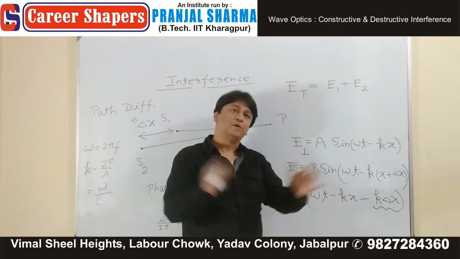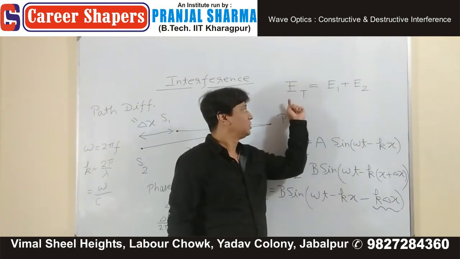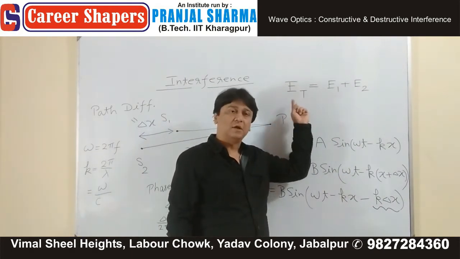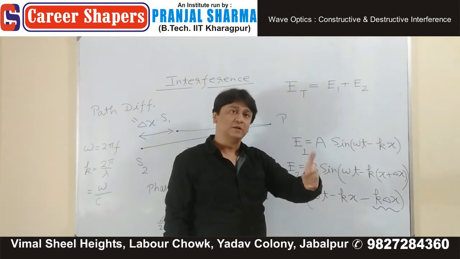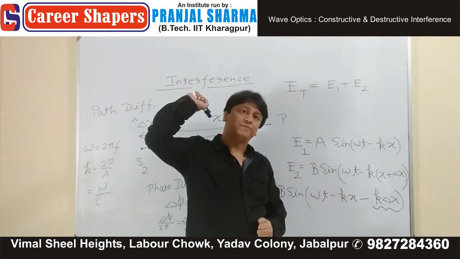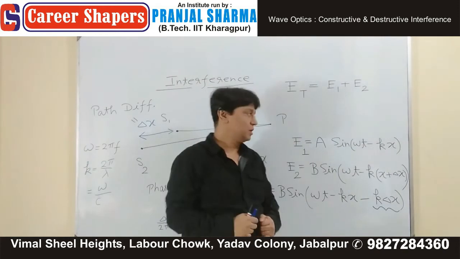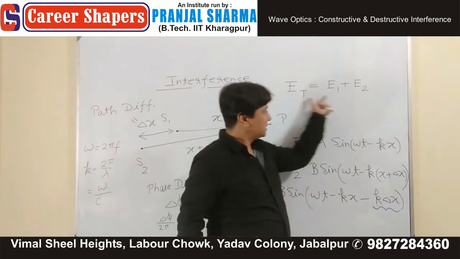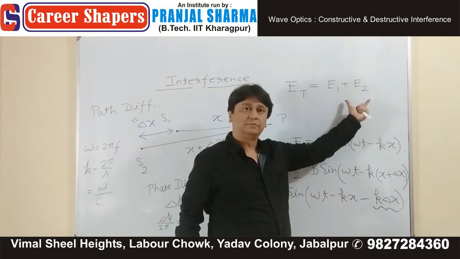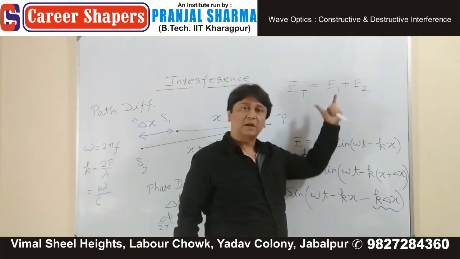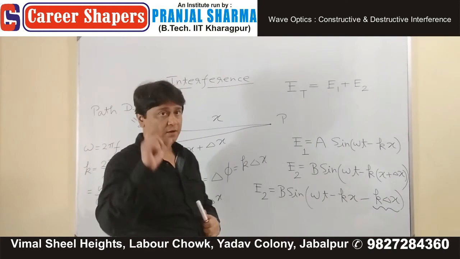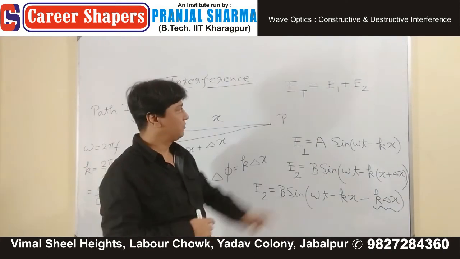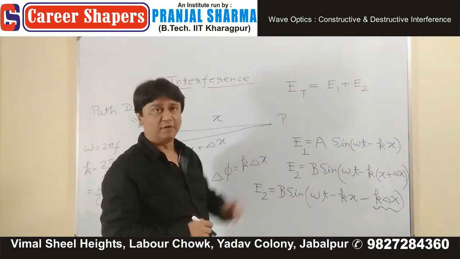After you superimpose electric fields, total electric field. After you superimpose means when these two waves interfere with each other. Now, in this E total part, we are interested in the amplitude of resultant wave.